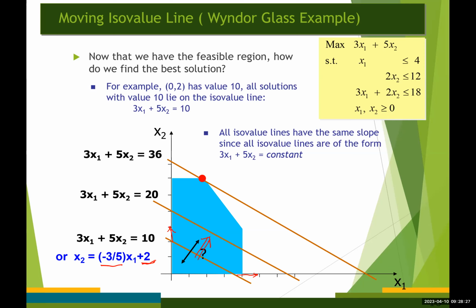We know that the optimal value of 36 can be found with the isovalue line that just touches the feasible region. That's going to be the last isovalue line, so we know that the optimal point occurs right here.